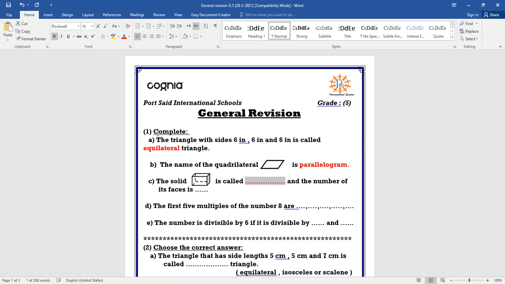Rectangular prism. طبعا يا جماعة, here the solid has 2 bases, for that it will be a prism. The name of the base is rectangle, and you know we name the solid according to the name of its base. For that, this will be a rectangular prism.